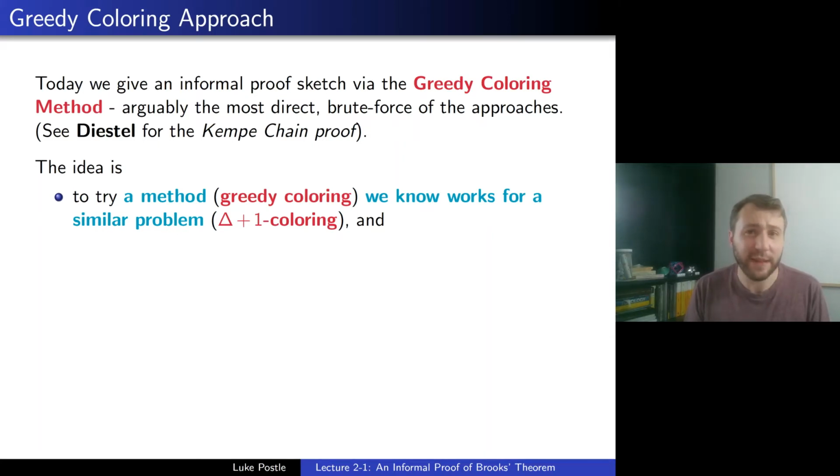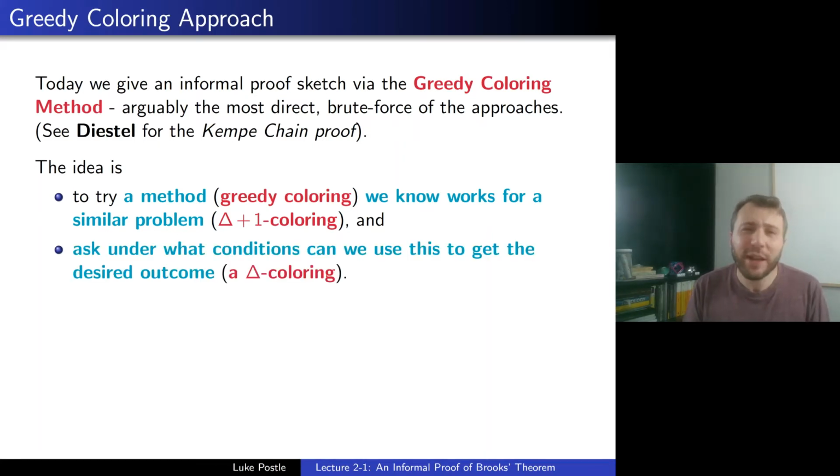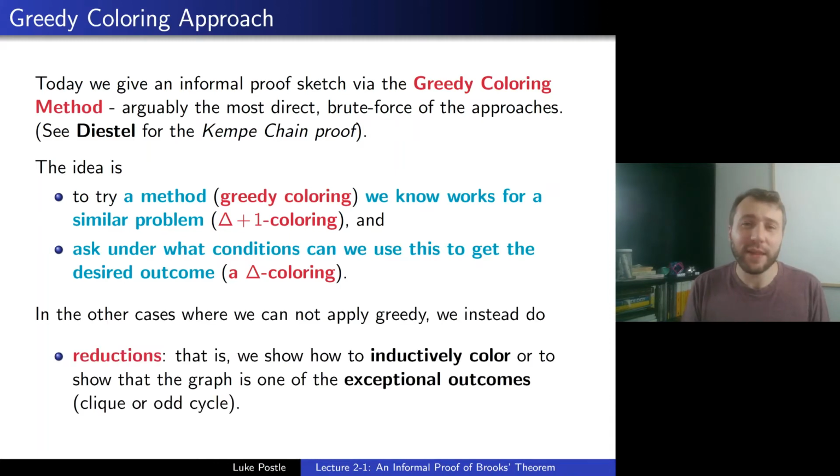Here we're just trying to save the 1. But we're going to ask under what conditions can we use this to get the desired outcome, a delta coloring. If we have a method we know works for similar situations, maybe we can tweak it and see under what conditions we can still use it, and maybe then we can figure out ways to handle those other cases.